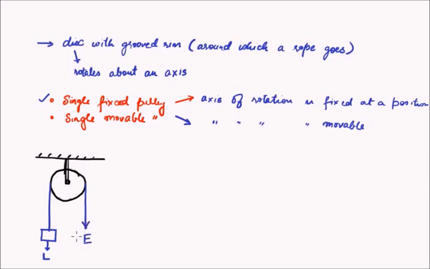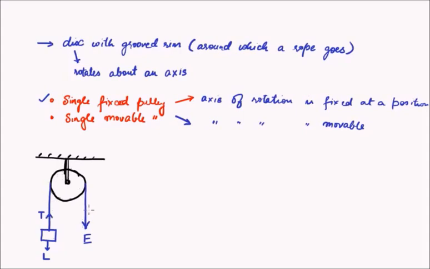What happens is that this load creates a tension here, and since this is a massless rope, the tension will be uniform throughout the rope.